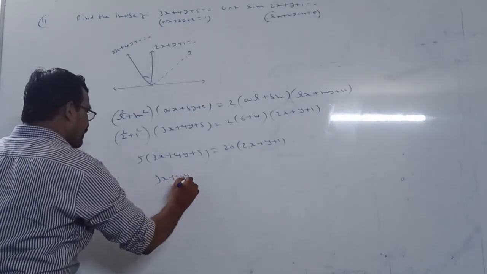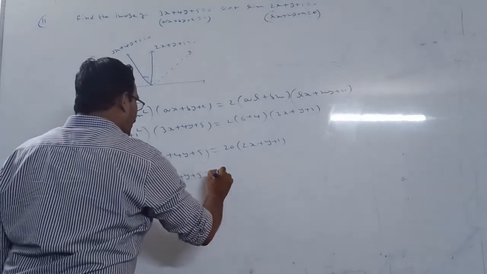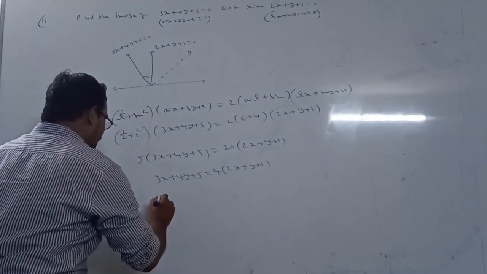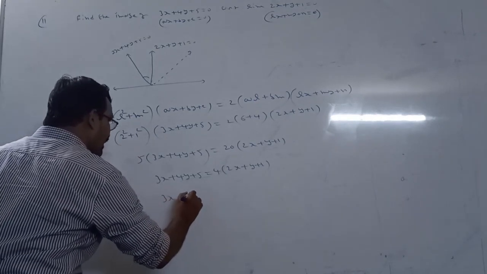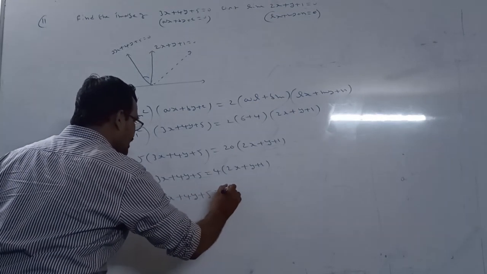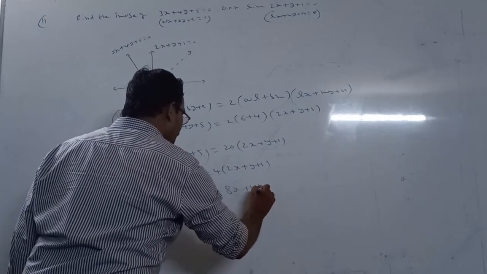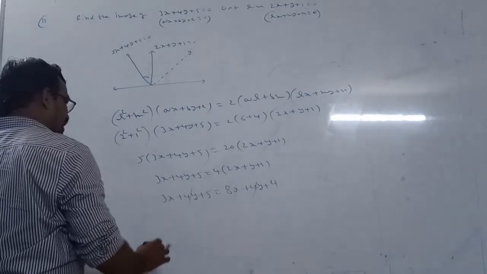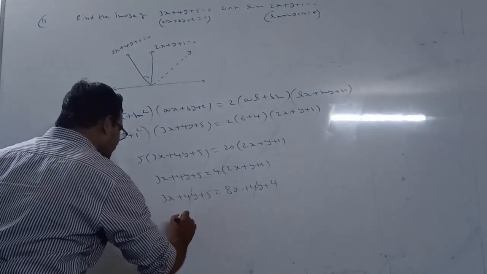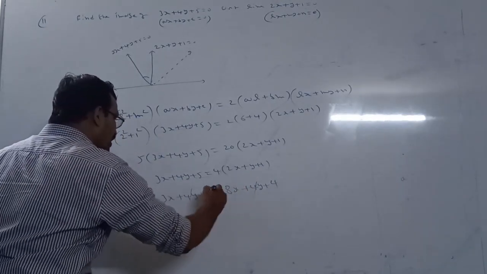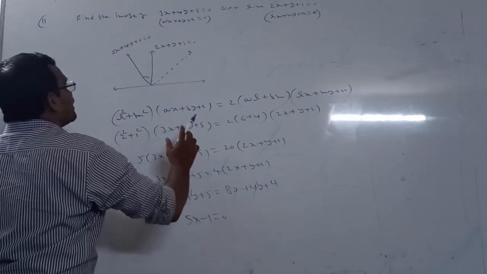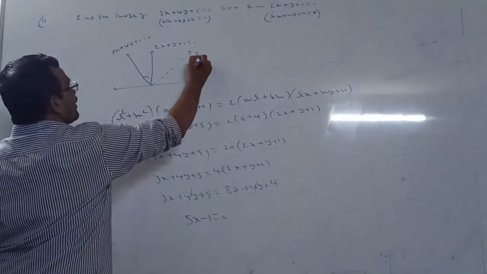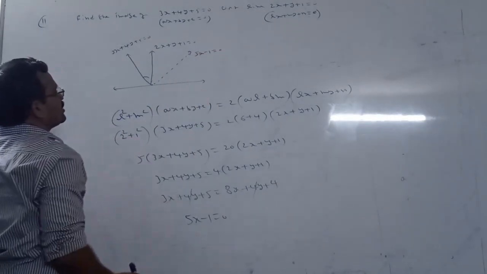So 3x plus 4y plus 5 equal to 4 into (2x plus y plus 1), which is 8x plus 4y plus 4. 4y cancels, and we send the rest to this side. 8x minus 3x is 5x. 4 minus 5 is minus 1. That means this line is the image of the given line: 5x minus 1 equal to 0.